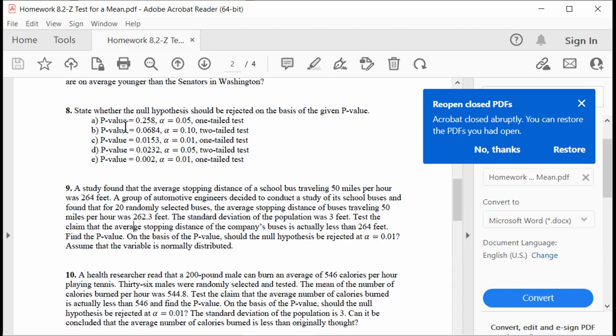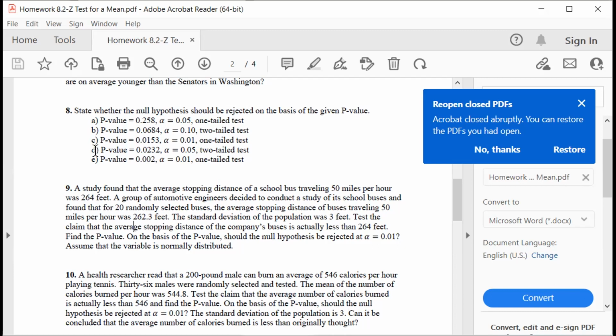So what you're doing here is you're practicing that last step. If the p-value is less than alpha, you reject the null. If the p-value is larger than alpha, then you don't. That's all. So all you're writing here is reject the null or do not reject.